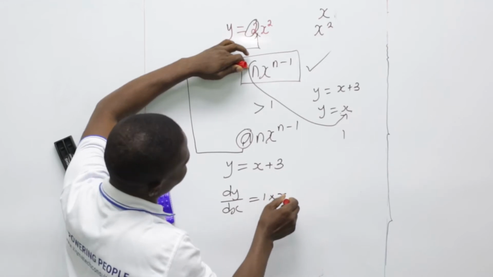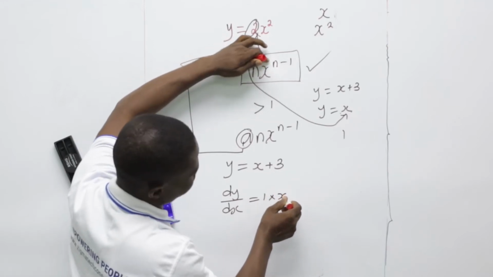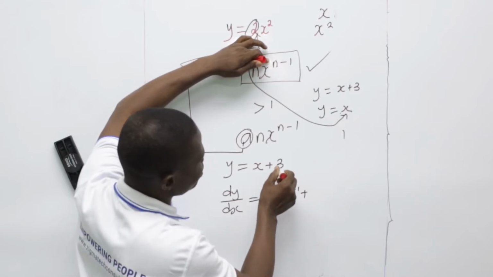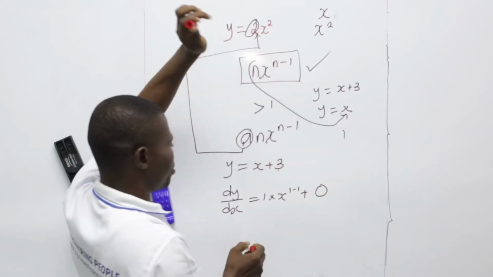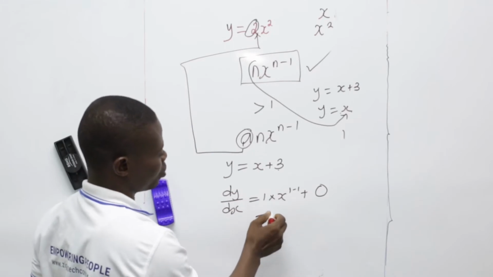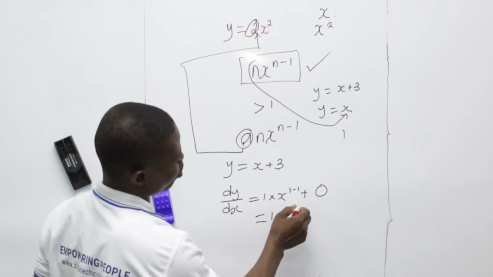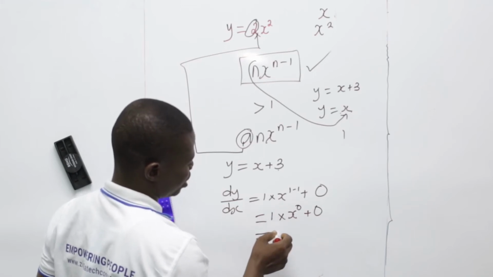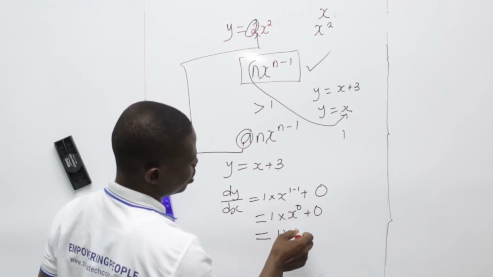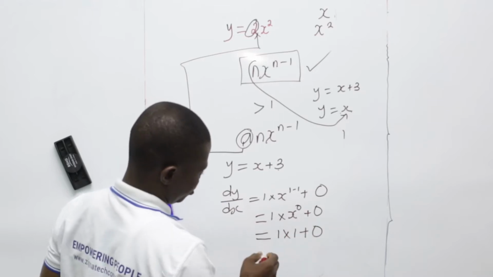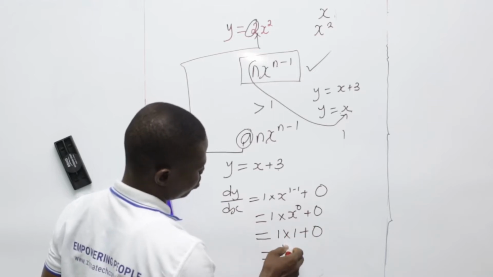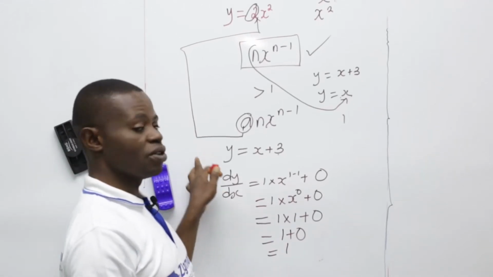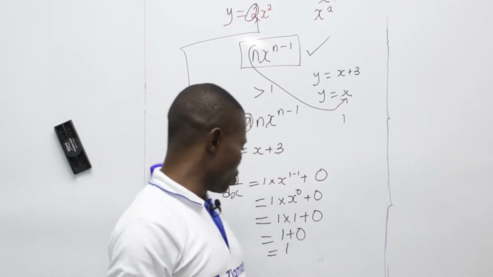Multiplied by x itself is untouchable, then 1 minus 1, plus the differentiation of a constant, which is 0. This will now give us 1 times x raised to the power 0 plus 0. Recall that in the law of indices, anything raised to the power 0 is 1. So this will give us 1 times 1, 1 plus 0 equals 1. Therefore, dy/dx equals what?